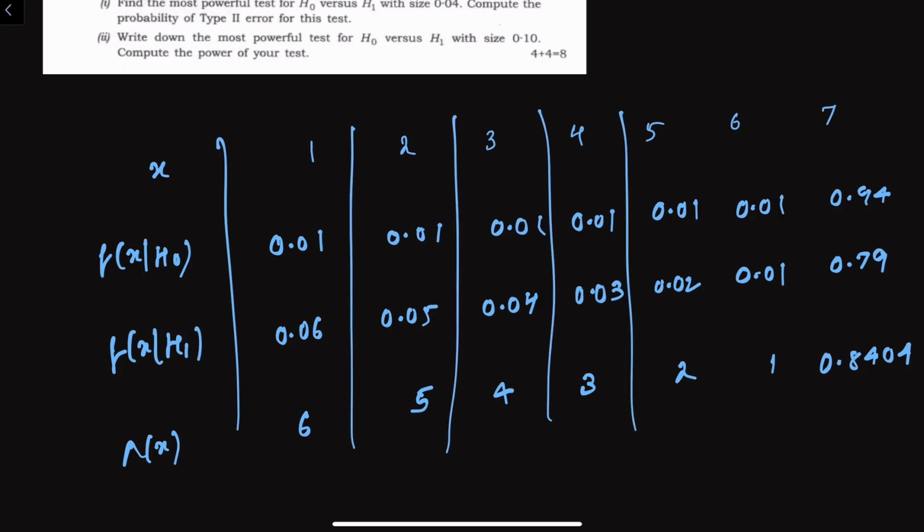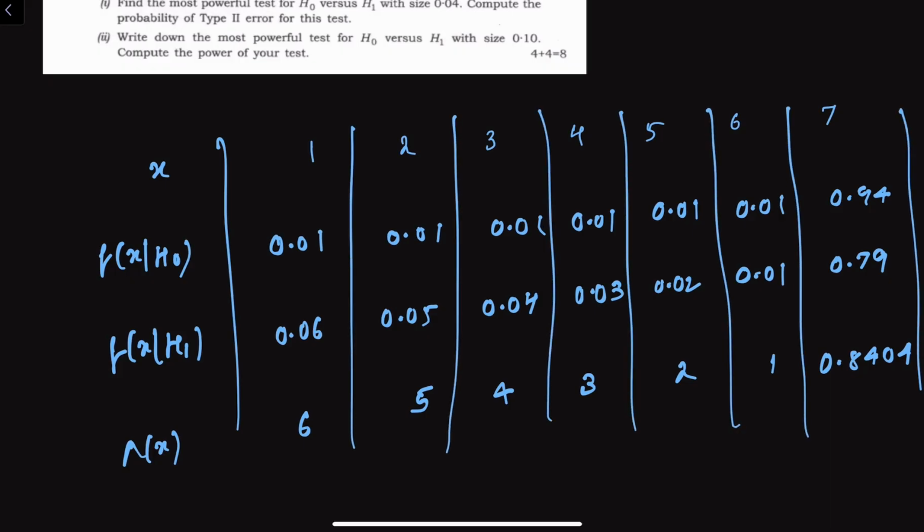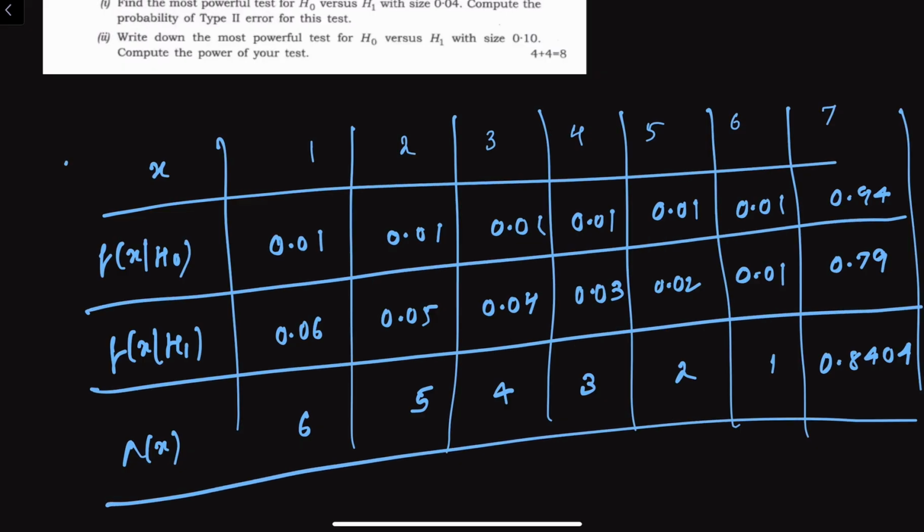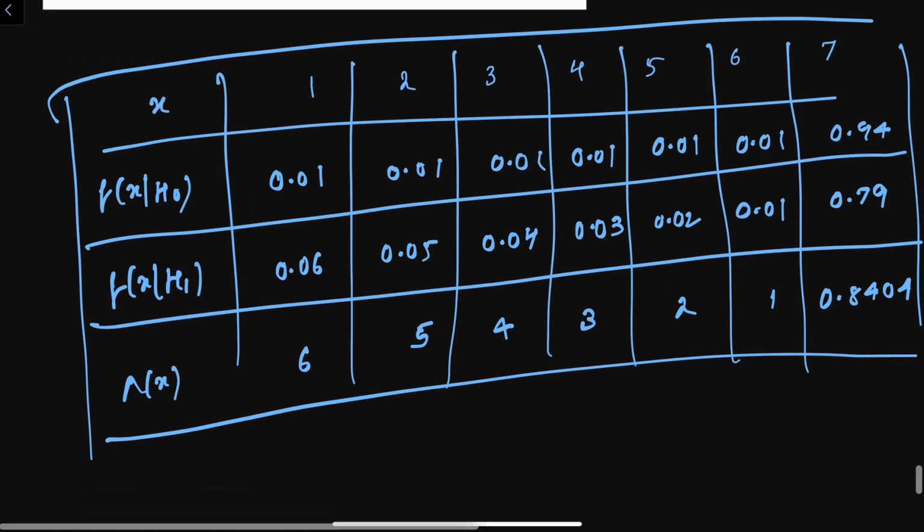So this is the table that we have. So we have computed the likelihood ratios.